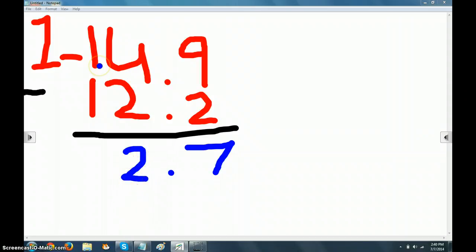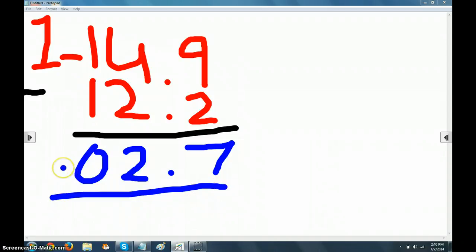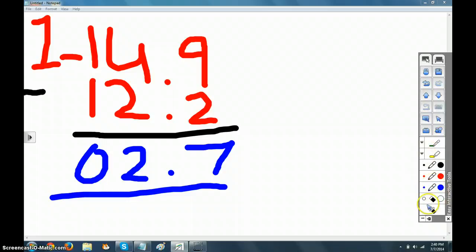And 1 minus 1 equals 0. So the answer is 2.7. Just don't think that the 0 is here; imagine that it's not here.